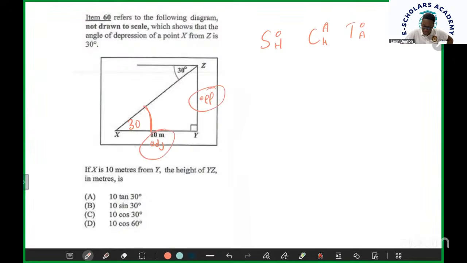Opposite and adjacent, tan. So tan 30 is equal to the opposite, which is YZ, over the adjacent, which is 10. So this 10 here is dividing, take it over, it multiplies. We'll have 10 multiplied by tan 30 is equal to YZ. So the answer here is A.